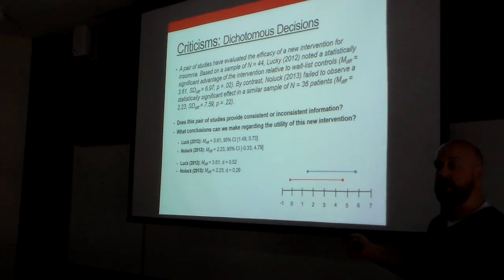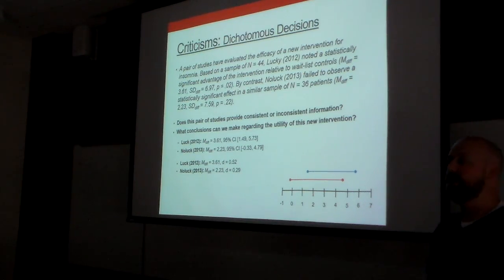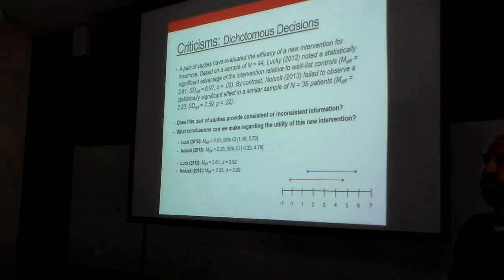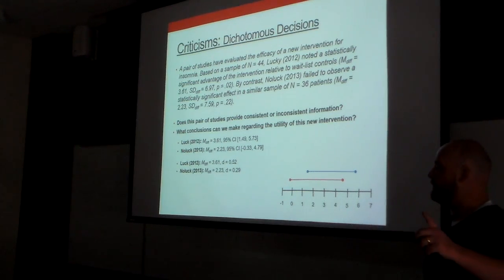But if you would have maintained that same effect in a sample of 60, what's going to happen? It's going to be statistically significant, right? So again, looking at some of the limitations of our statistical analyses and sort of making these yes/no decisions.